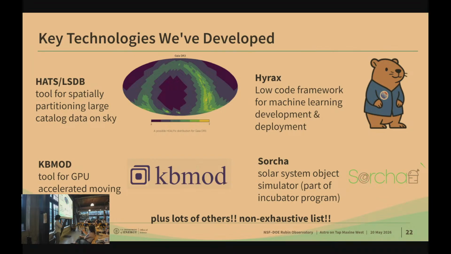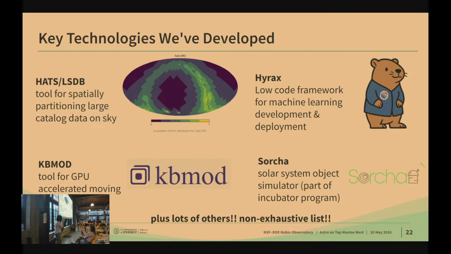We work with, probably our most famous or infamous, depending on how you think about it, software is LSDB and HATS, which allows a user to take a catalog and divide it spatially on the sky, a data set that is partitioned with equal amounts of data points depending on the actual spatial location of the observation, which allows for easier multiprocessing.